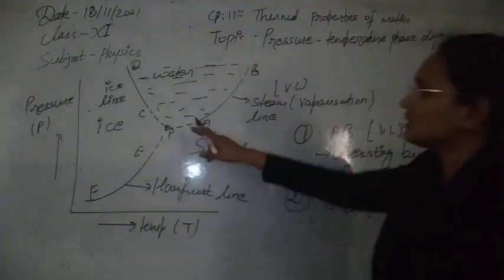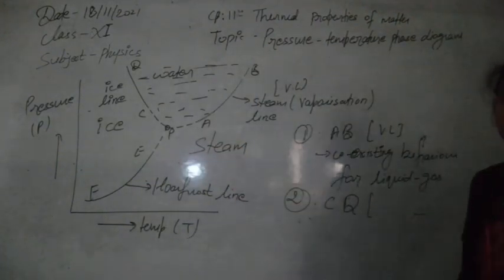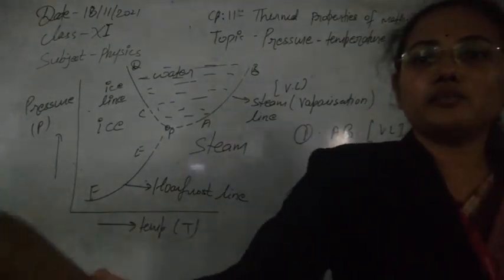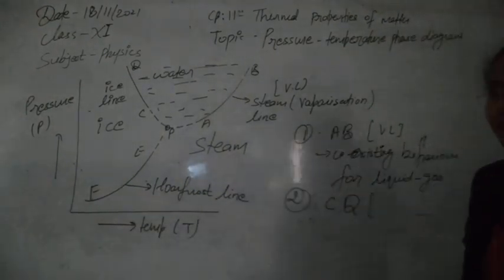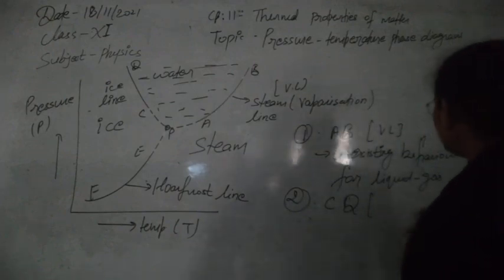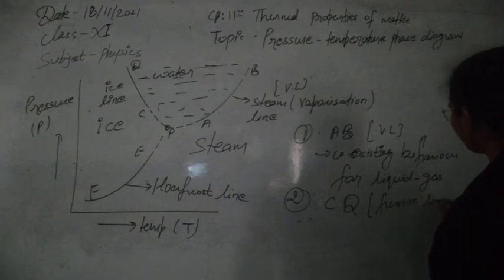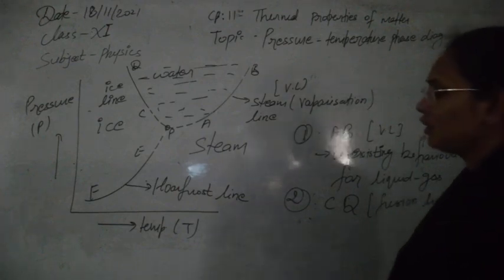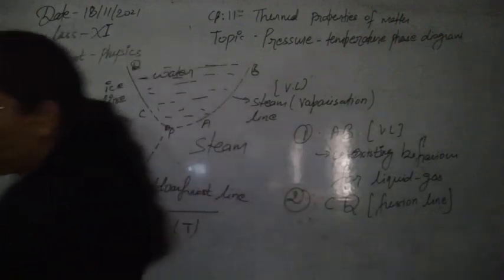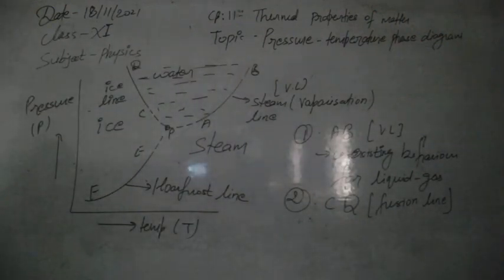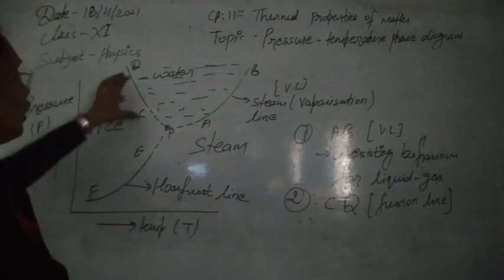And CD, if you can see, is written as the ice line. Ice we are observing for water in the solid phase. So it means this line we can also call the fusion line or solid line. Now the fusion line CD, what is it defining?